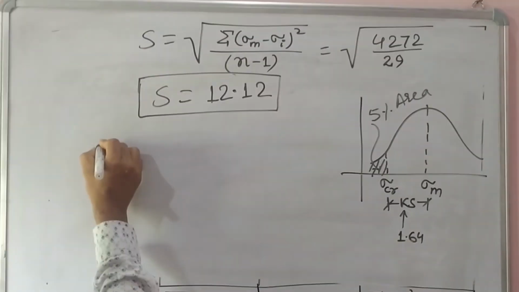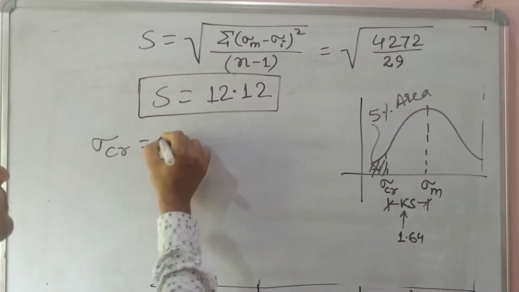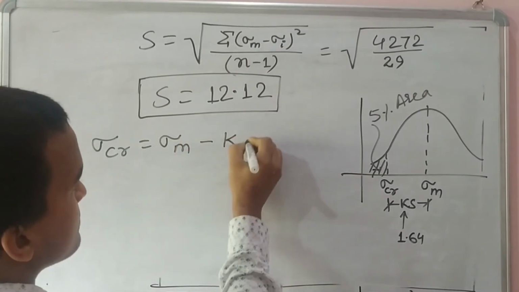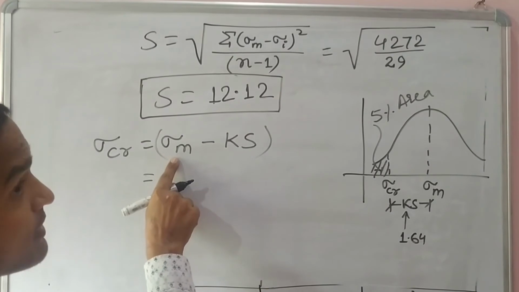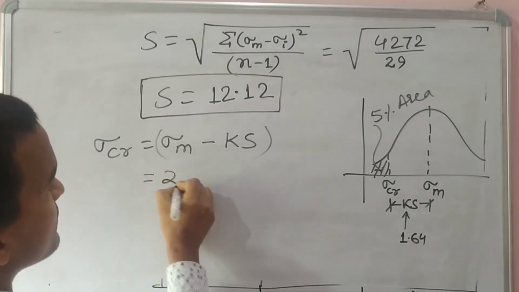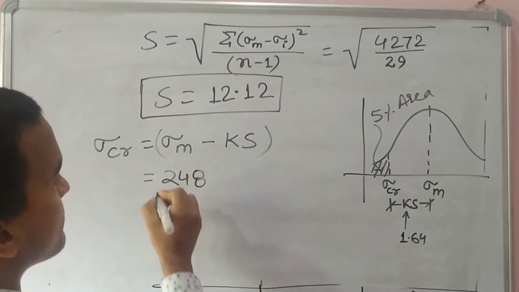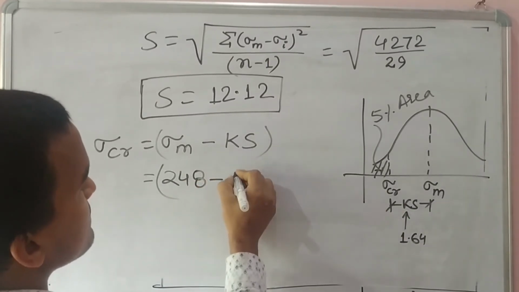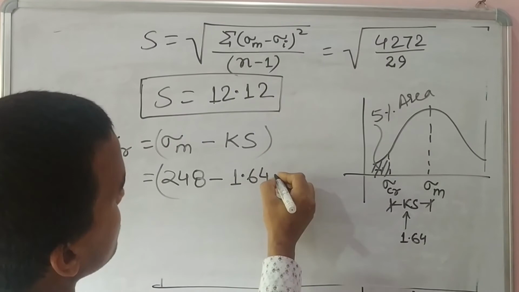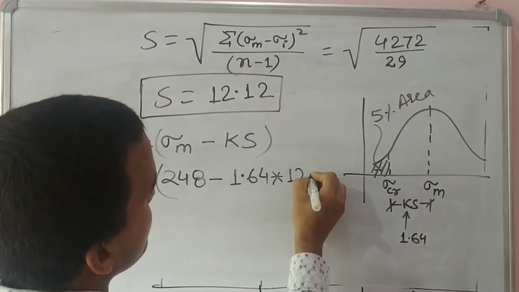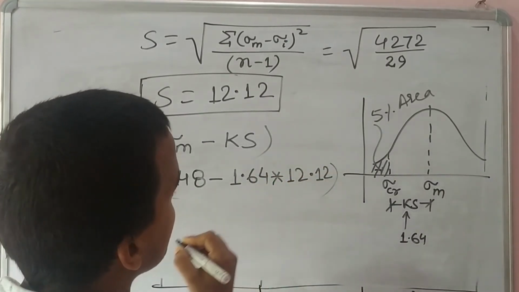So let us write sigma CR is equal to sigma M minus Ks. S is the standard deviation, and sigma M, this we have calculated already, equal to 248 megapascal minus k is equal to 1.64. Standard deviation's value is 12.12. So let us do this calculation.